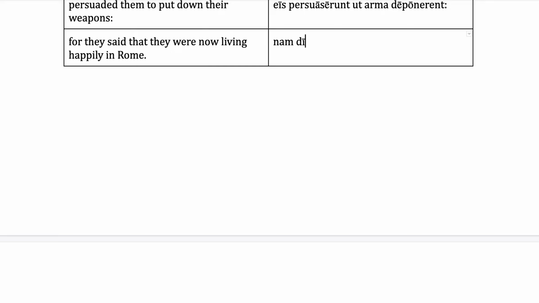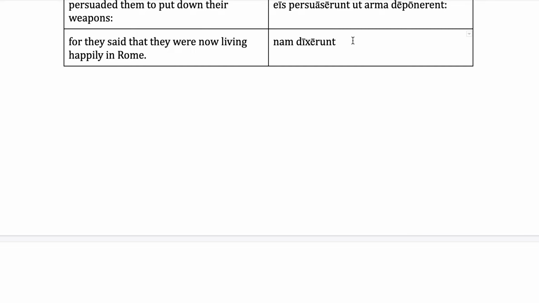So there's the perfect tense, dixi, and here we want third person plural, so dixerunt. There's also another word in Latin that means for, in this sort of context, which is enim, but remember that enim needs to go second in the sentence, so it would be dixerunt enim. But we can use nam for the moment.